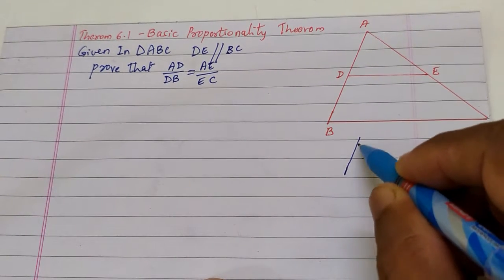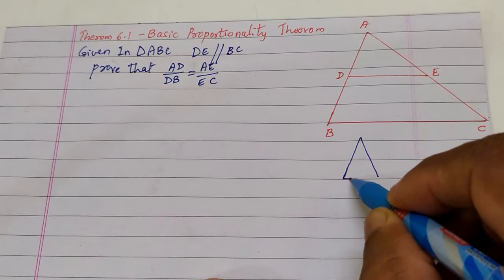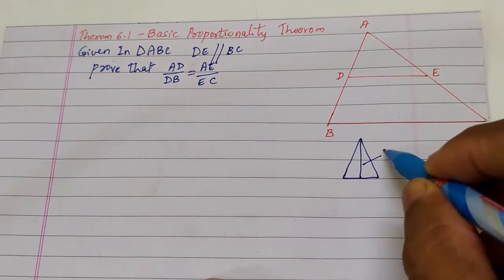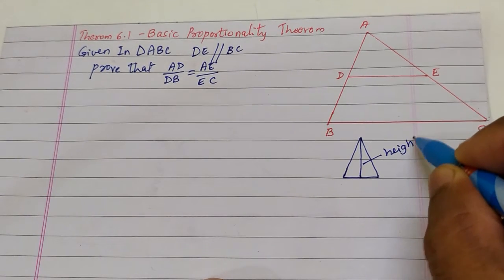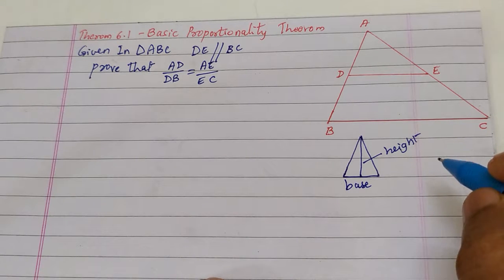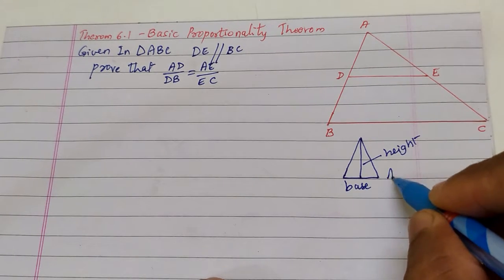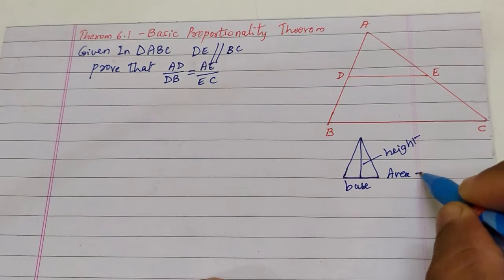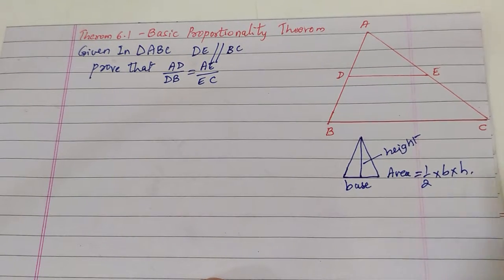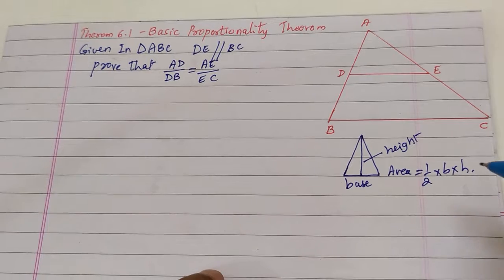The triangle that is there, we know that this is an altitude or the height of the triangle. This is the base, and the area of the triangle is half into base into height. This is a basic thing.